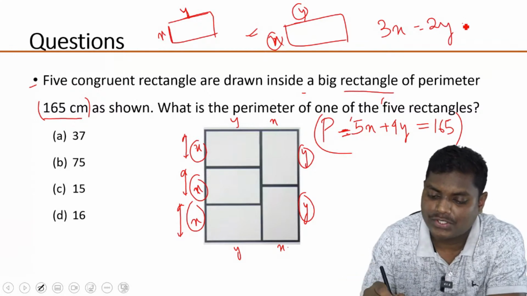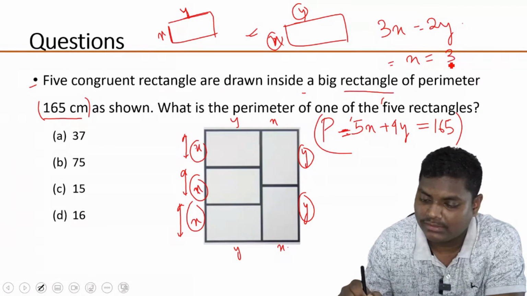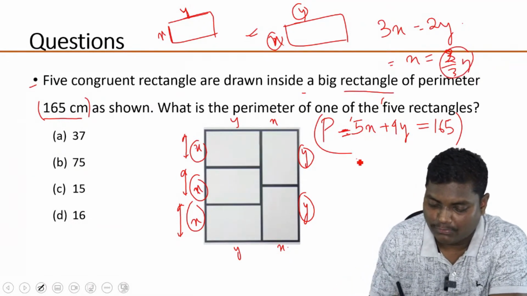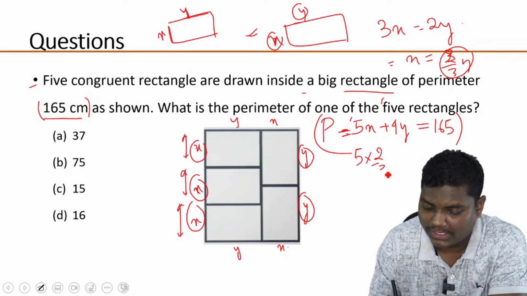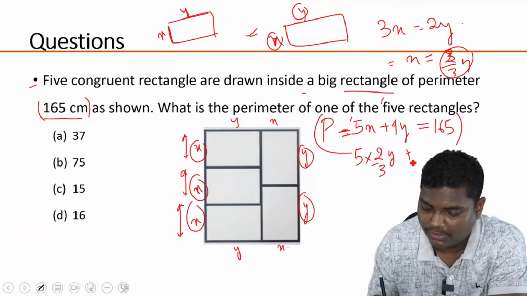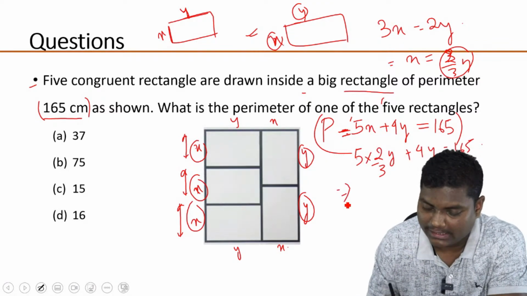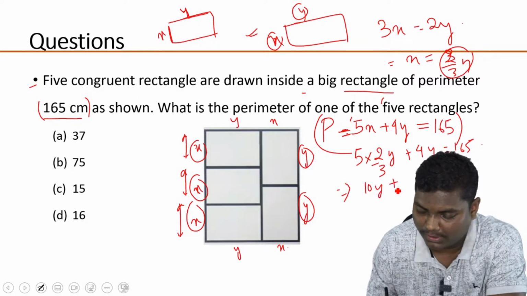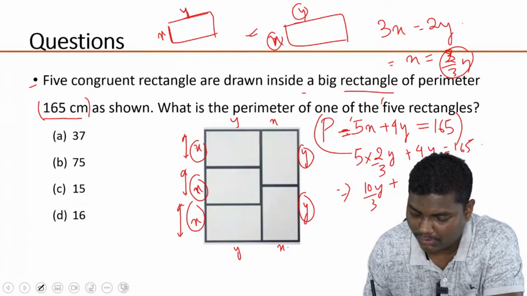So you can just substitute this value. So x is basically 2 by 3 y. So 5 into 2 by 3 y plus 4y is equal to 165. So you can solve 10y by 3 plus 4y is equal to 165.